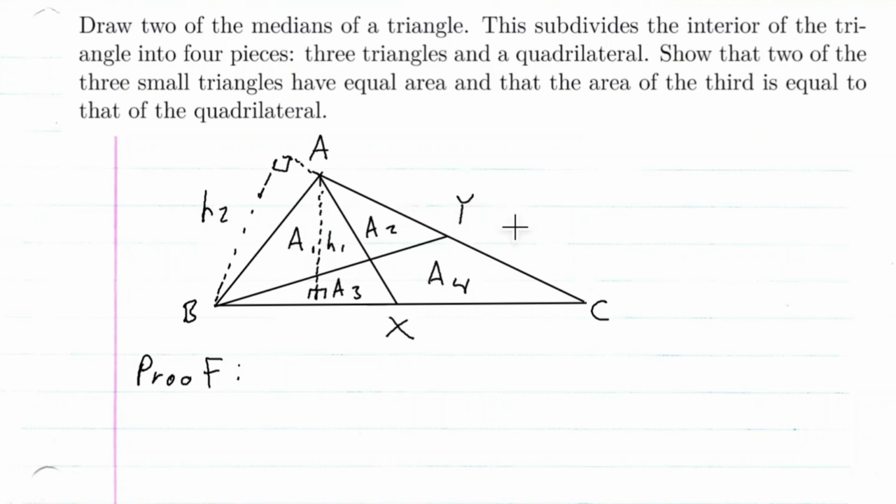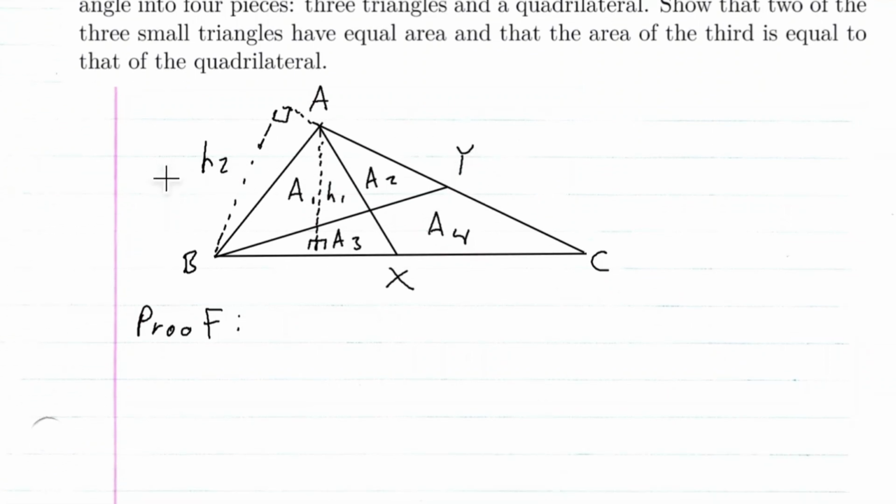Looking at this picture, I know the area of triangle ABX is equal to 1/2. For ABX, I established the height was H1, so my base is BX and my height is H1.